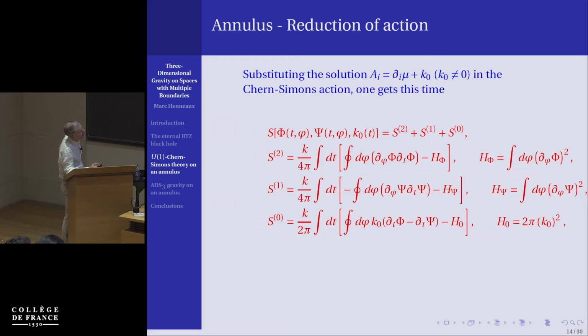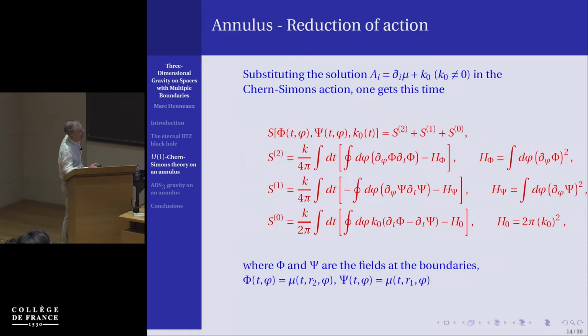And then if you make the substitution, this is really a direct computation, so I'm not going to give the details, but what you get is what you somehow expect now: you will get two boundary actions, one involving the chiral boson at one boundary, which I call phi, and the other involving the chiral boson at the other boundary, which I call psi.